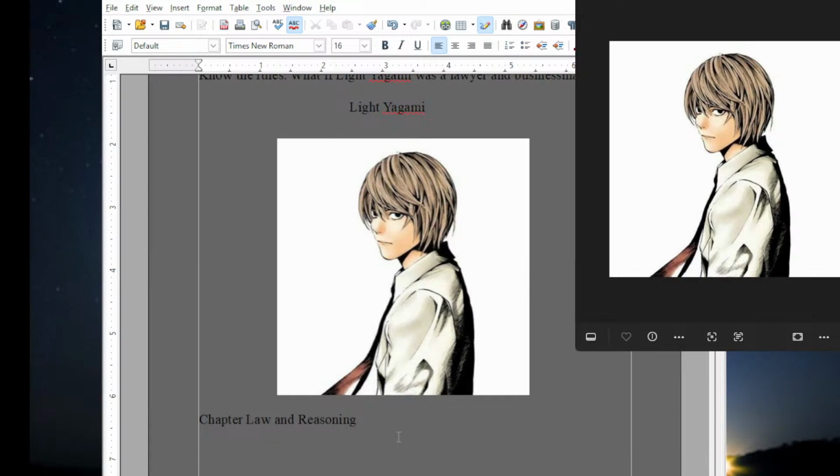Okay, first, define sanctions. Let's find out what sanctions mean. A threatened penalty for disobeying a law or rule. Official permission and approval. Just copy and paste that.